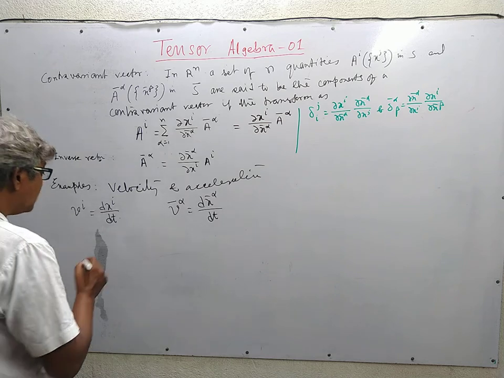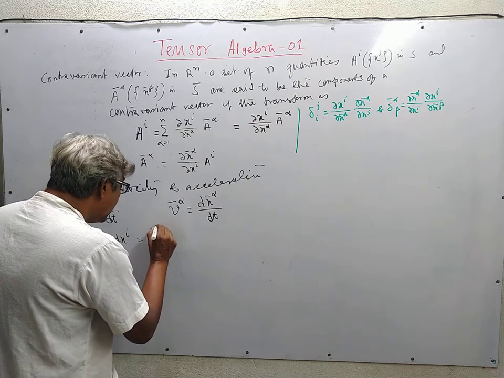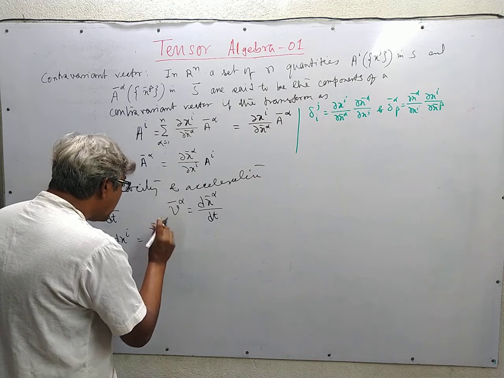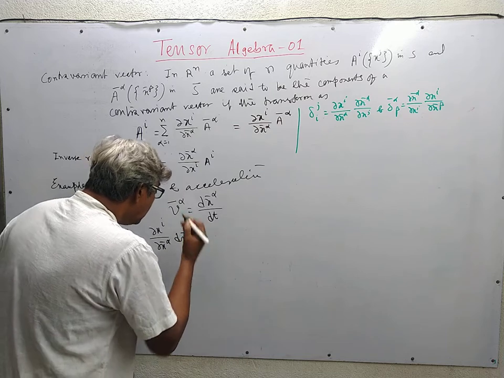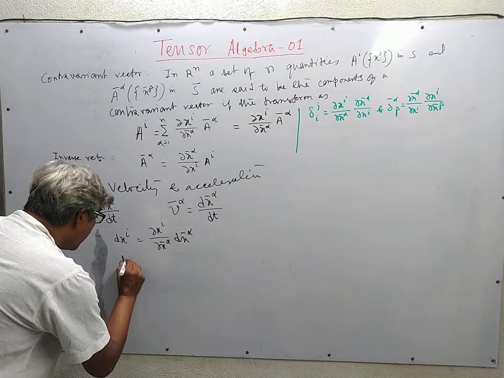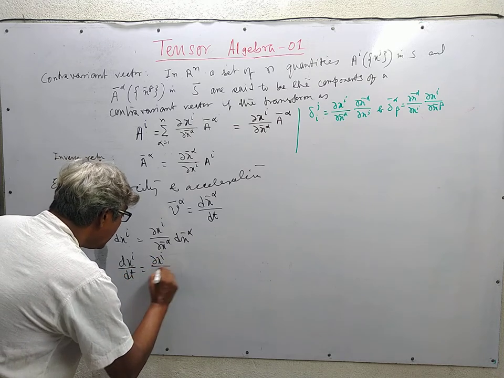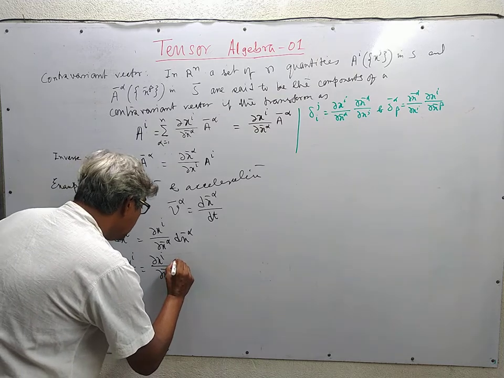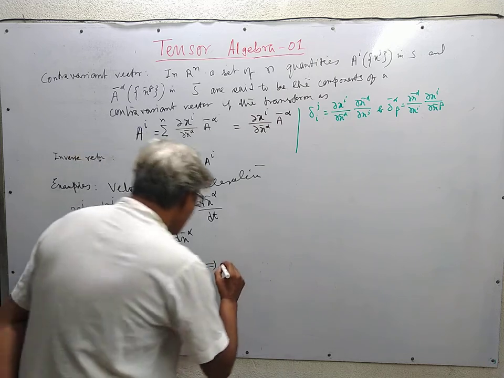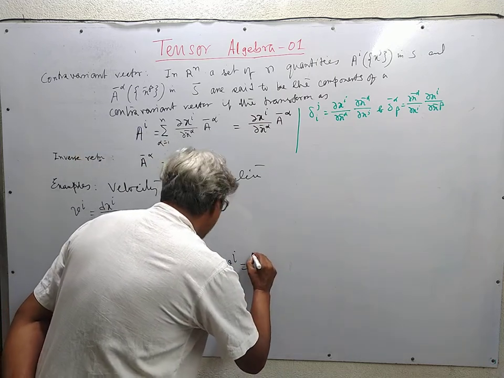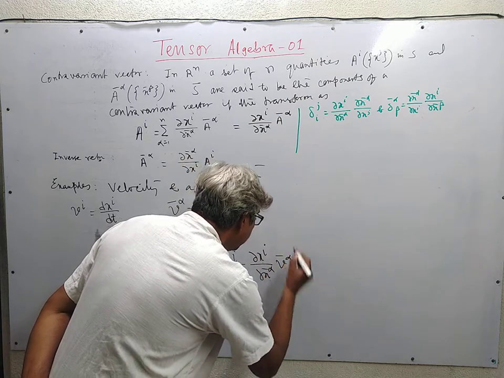Now we know the relation that del xi is equal to del xi by del x bar alpha times del x bar alpha. So vi is equal to del xi by del x bar alpha, v bar alpha.